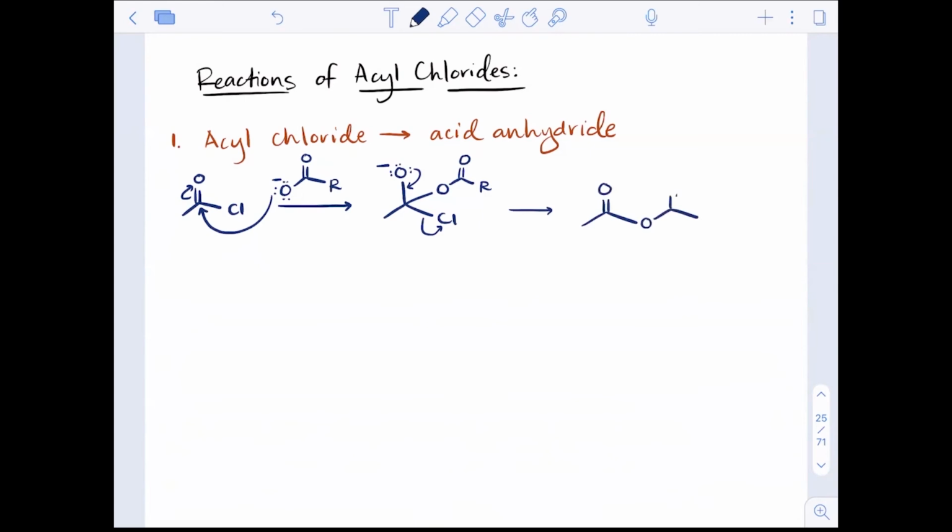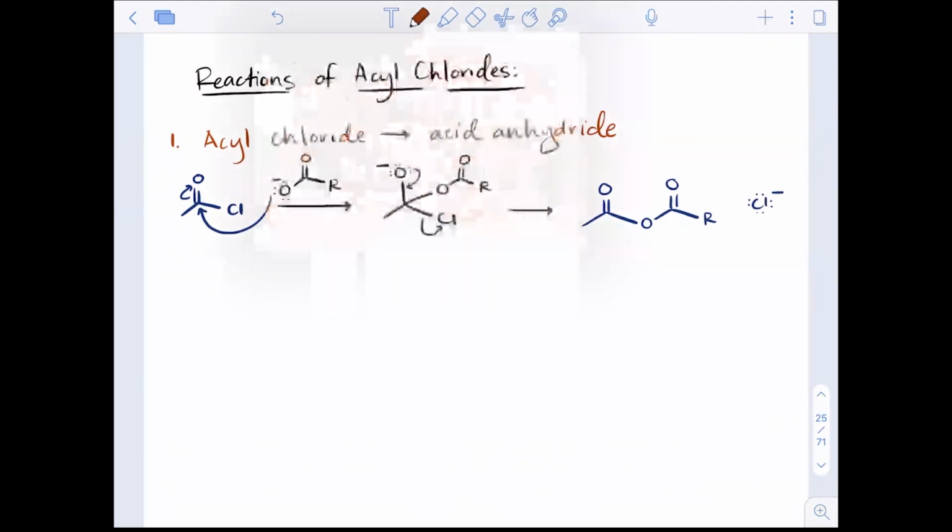Chlorine is more stable than our nucleophile leaving. I'll draw Cl minus just so that we know it's the leaving group and it's more stable. And that's it, right? It's going to be forming the acid anhydride by reacting an acyl chloride with our carboxylate ion.